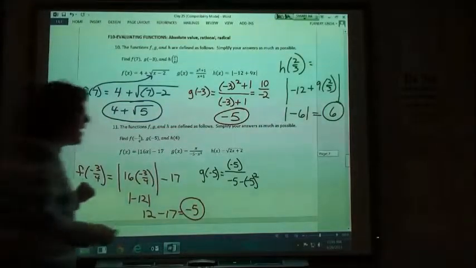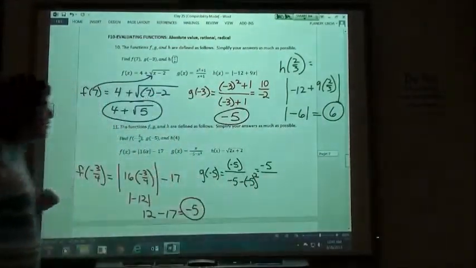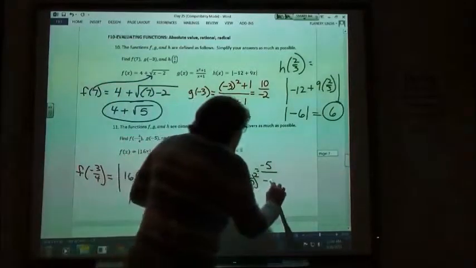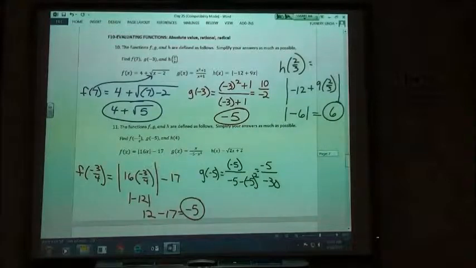So on the top, we know that's just going to be -5. On the bottom, we've got to figure out what that is. So punch that in with all the negatives, just like it looks. -30. So now we've got -5 over -30. We should be able to simplify that.